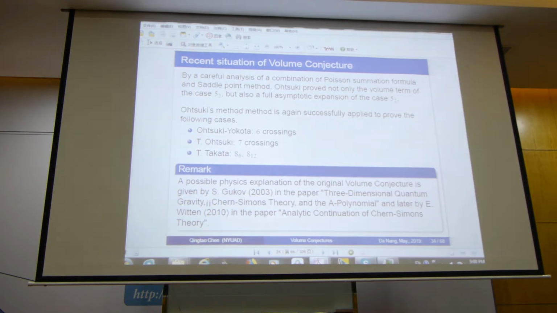It became very complicated when you needed to check a lot of conditions for how you can use the Poisson summation formula and the saddle point method.